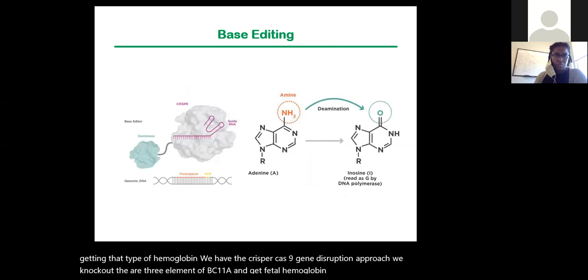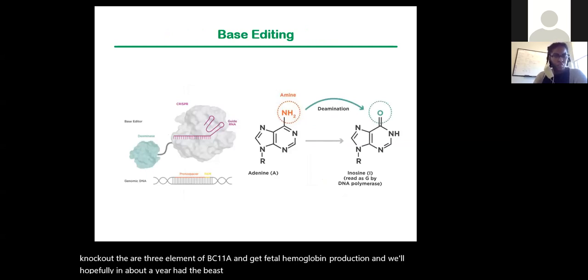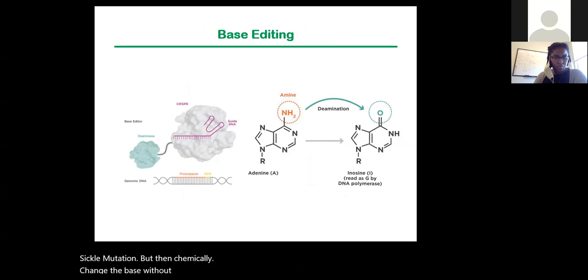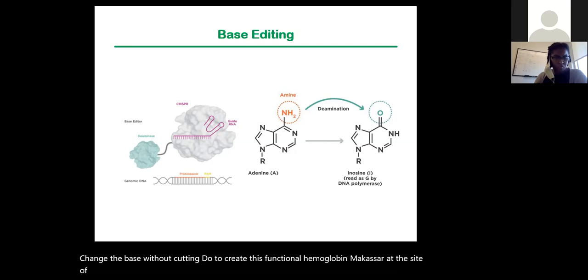And we'll hopefully in about a year have the base editing strategy where you use CRISPR to locate the sickle mutation, but then chemically change the base without cutting to create this functional hemoglobin Makassar at the site of the sickle mutation. You just can't chemically change the mutation back to wild type. So this is a functional hemoglobin that seems to work just as well as hemoglobin A.